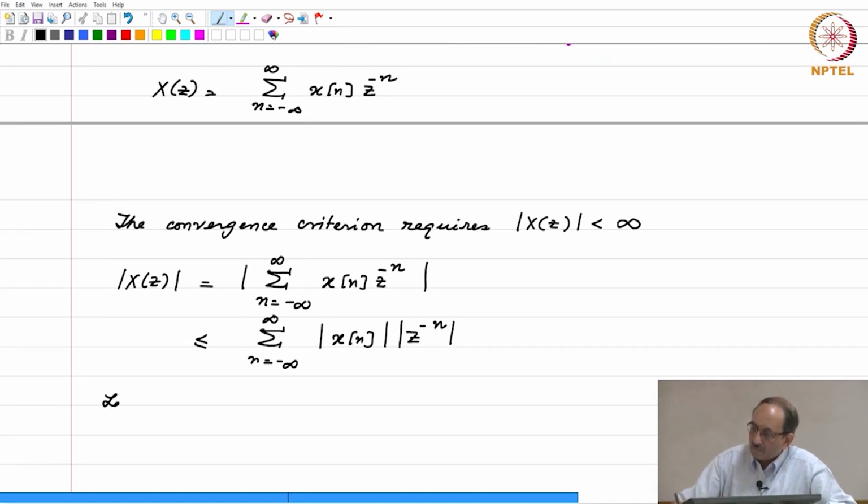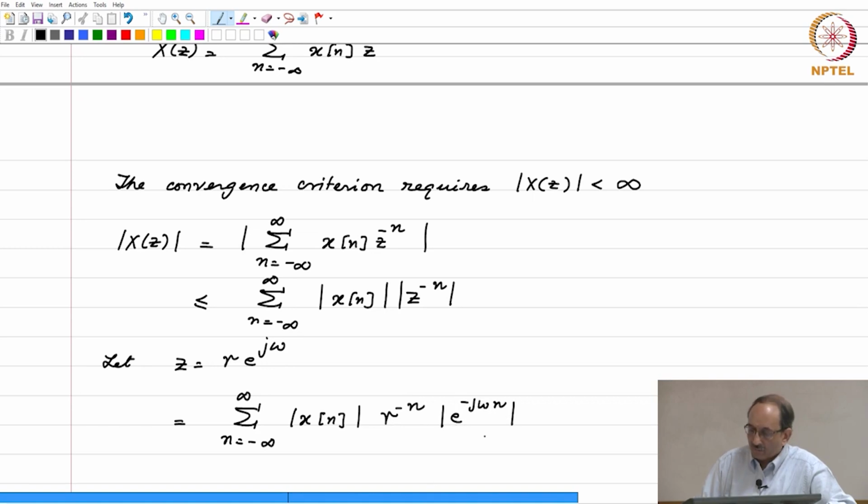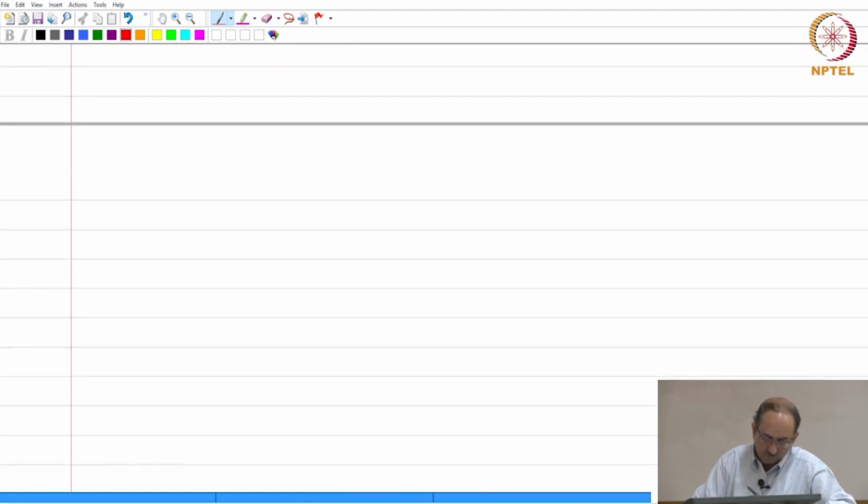We will now let z equal r e to the j omega, and hence this summation becomes the sum of mod x of n, r to the minus n, r being a non-negative quantity, times e to the minus j omega n. All I have done is replaced z by r e to the j omega, and the magnitude of the exponential is of course 1 and does not play any further role.